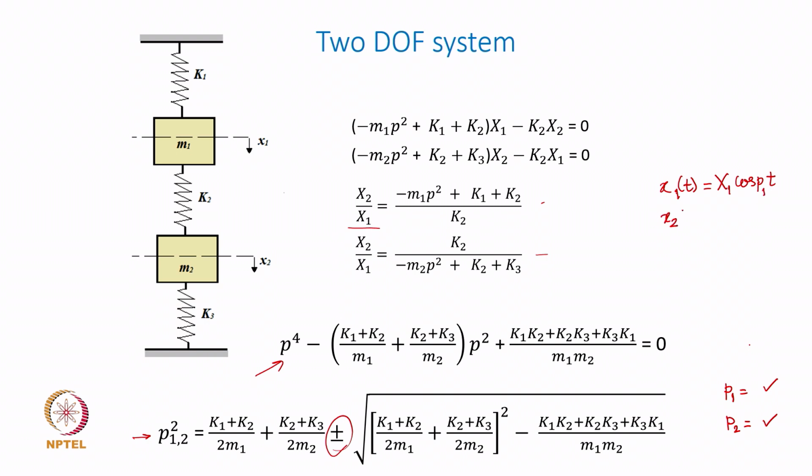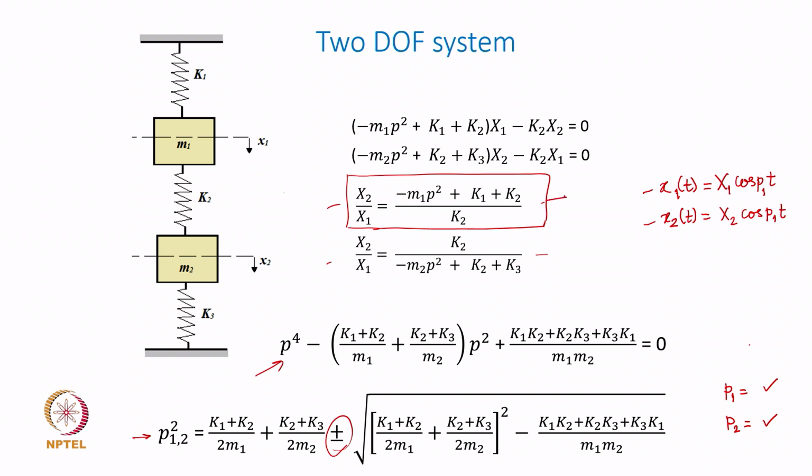Similarly, mass M2 is going to oscillate given by the solution cos P1t. So, mass M1 and mass M2 both oscillate with the same natural frequency P1, and they will have amplitudes x1 and x2. Now, these are the relations, this one and this one, but both of them basically give you the same amplitude ratio.